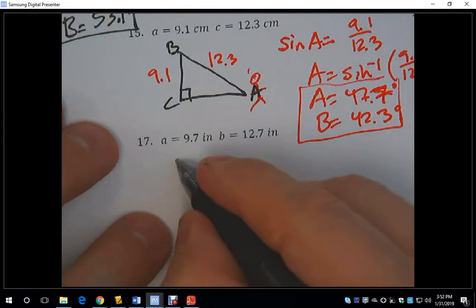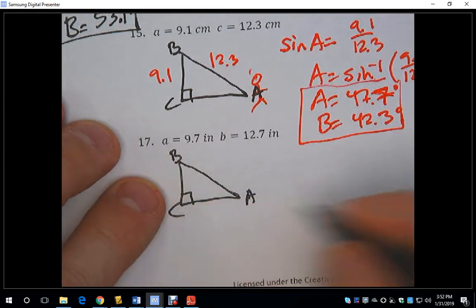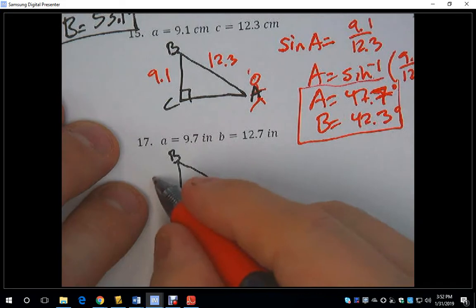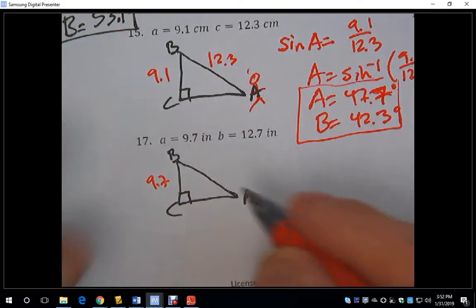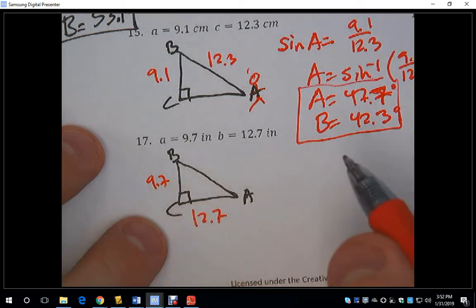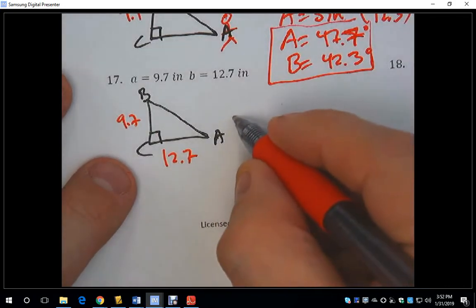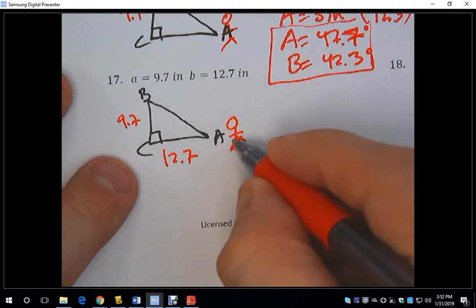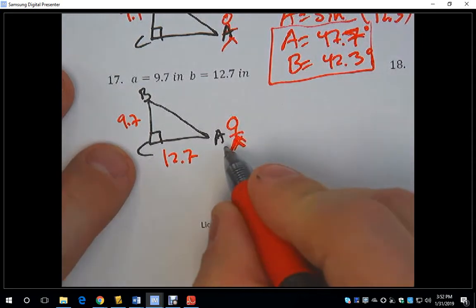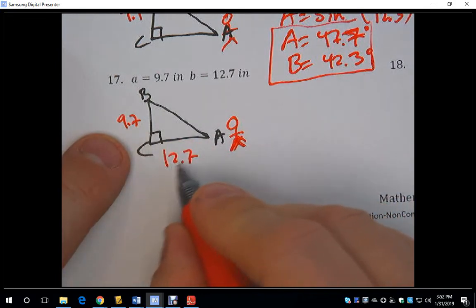We have another right triangle, ABC. Length A is 9.7, length B is 12.7, and I don't have a length C. So in this case, if I want to find angle A, standing from this perspective, I have opposite of 9.7 and adjacent 12.7.